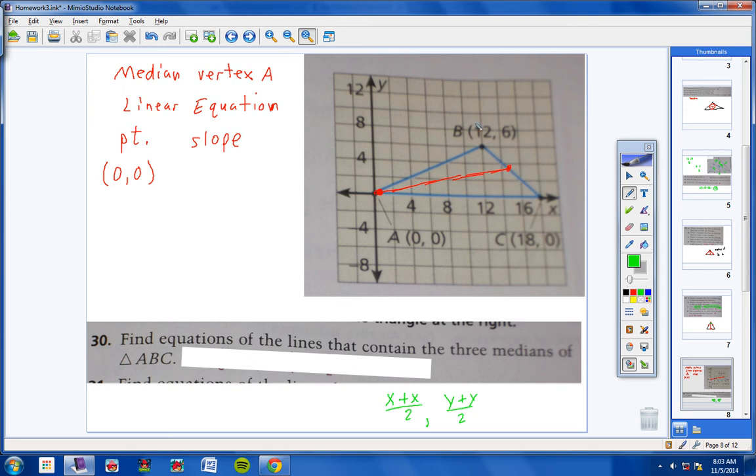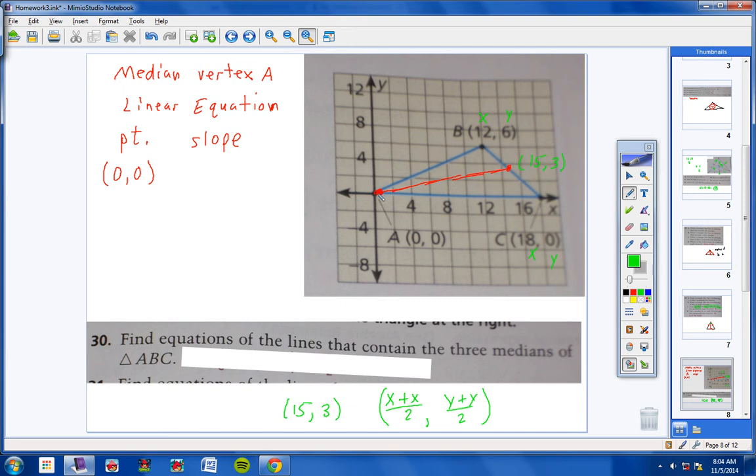So here we go. Here's my x, here's my y, here's my x, here's my y. x plus x is 30, divided by 2 is 15. Now, y plus y, 6 plus 0 is 6, divided by 2 is 3. So there, we found the midpoint. Guys, I'm not being mean, but we should know how to find midpoints just like that. We've been over this, okay, guys? This is the midpoint formula.